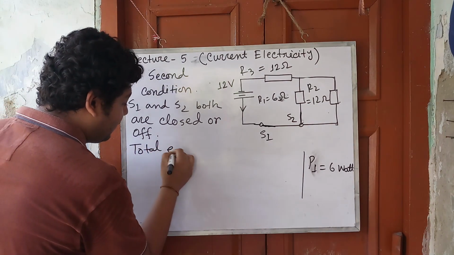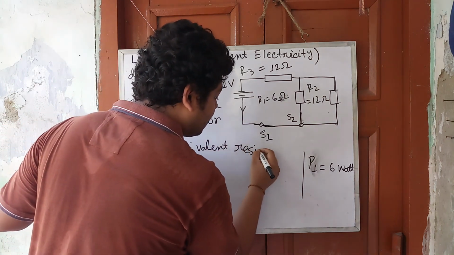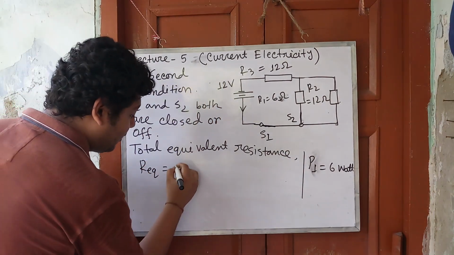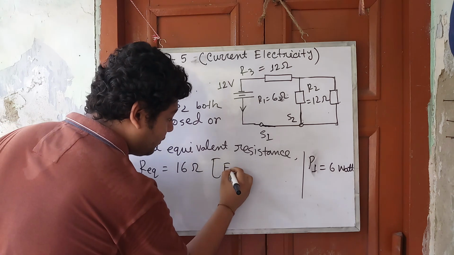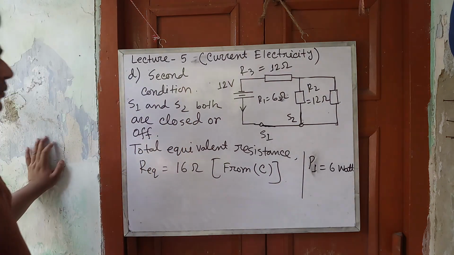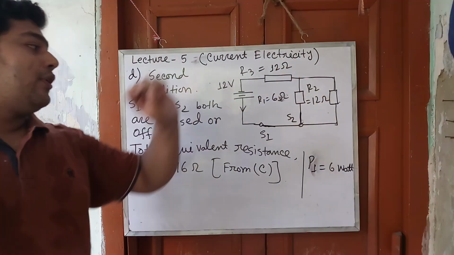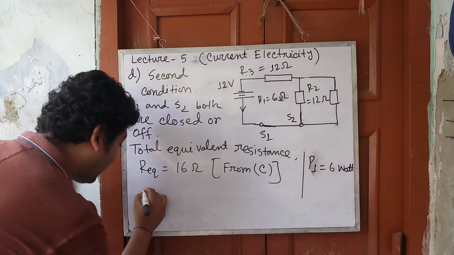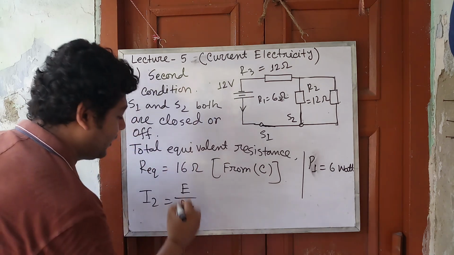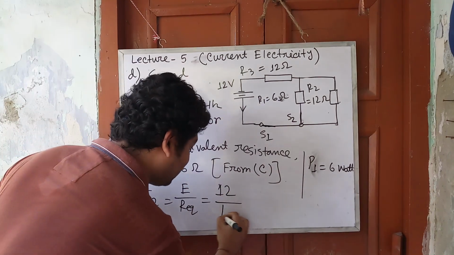Total equivalent resistance Req equal to 16 ohm, from C. Now the current flow for this circuit is I2 equal to E by R equivalent, where E is 12 and R equivalent is 16 ohm.